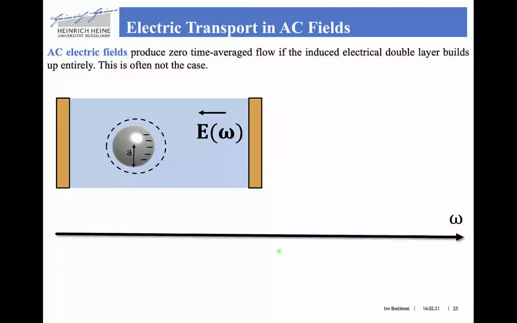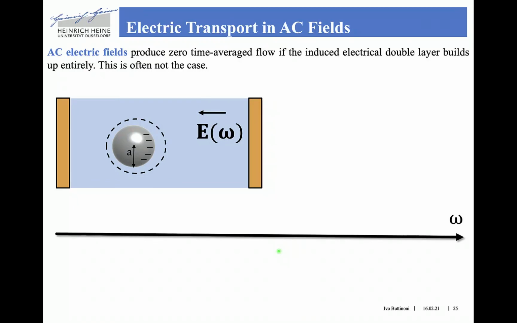A DC electric field such as those we have considered so far is much more complicated to use than an oscillating electric field. This is because Faradaic reactions often happen across the electrodes, and because the electric fields that are needed are often not strong enough.